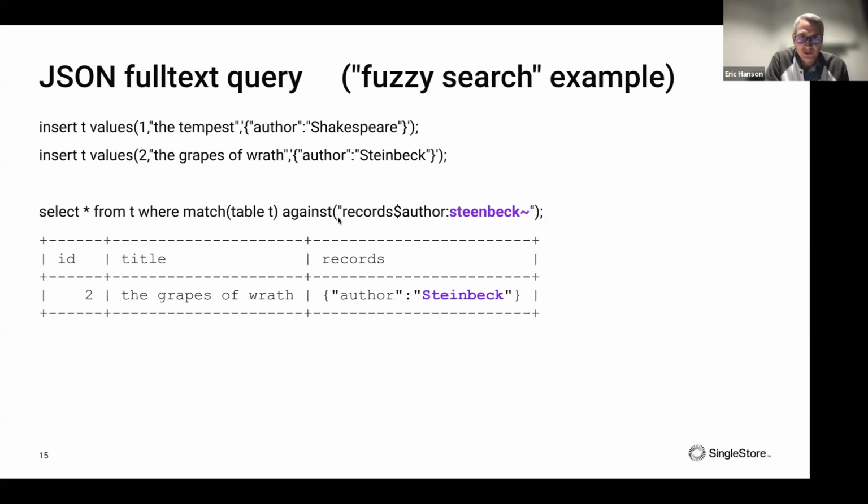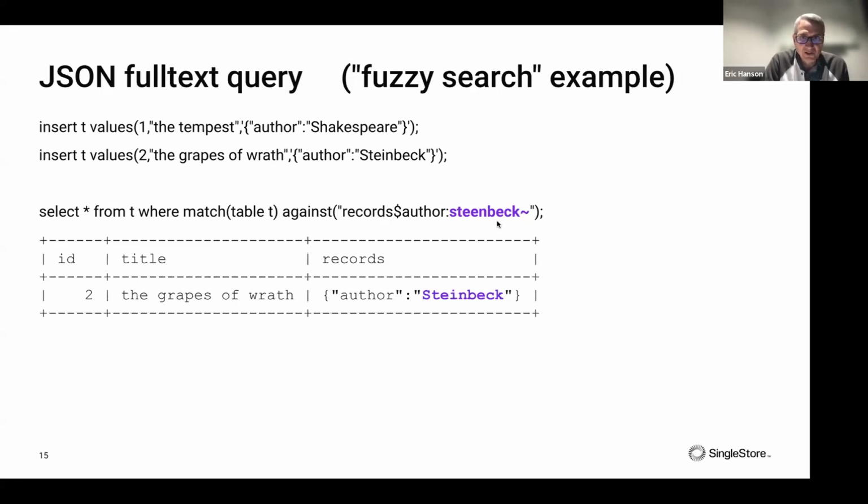And this query string syntax is the syntax that you get from Java Lucene. We've documented this, but if you want even more examples and super in-depth documentation, if you look at the Java Lucene documentation, you will see all the details about the kind of syntax you can use in the against clause.